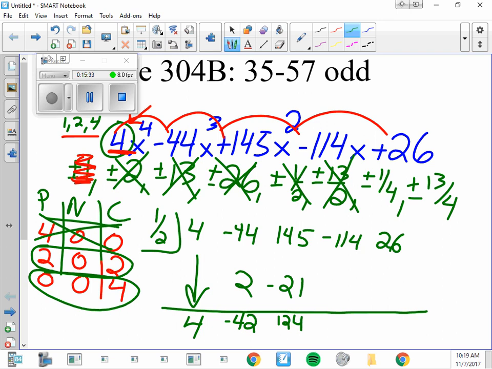And half of 124 is 62. That would be 38 plus 14, 52. Did I do that right? -52. And cut that in half, -26 and 0. All right.